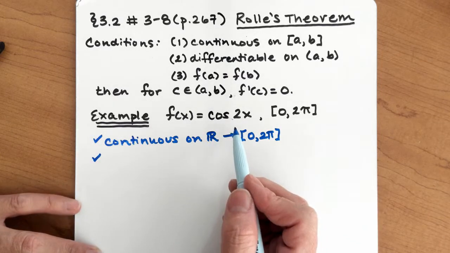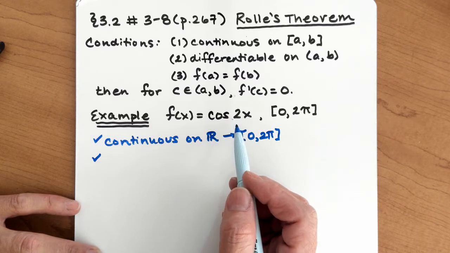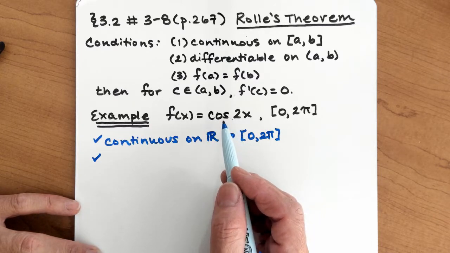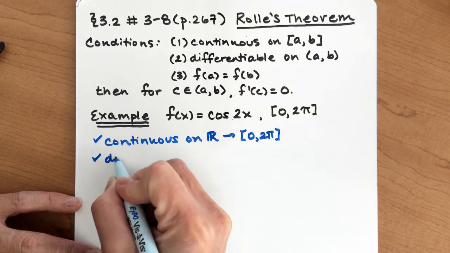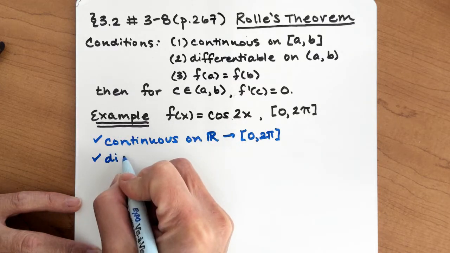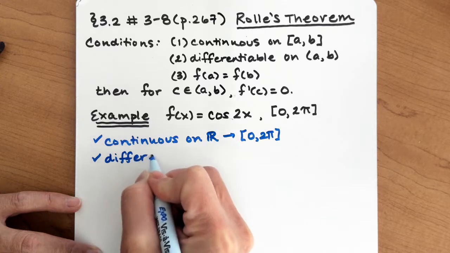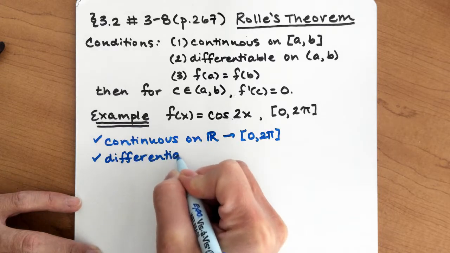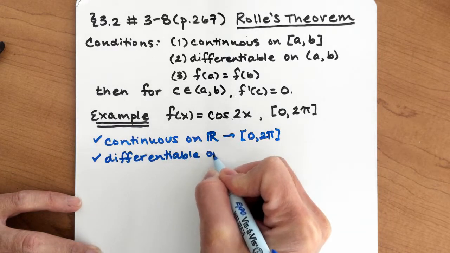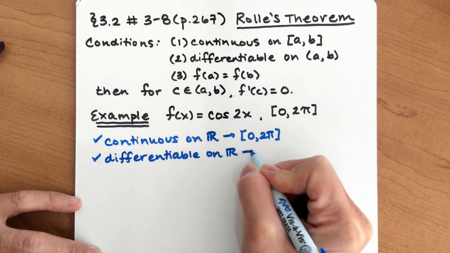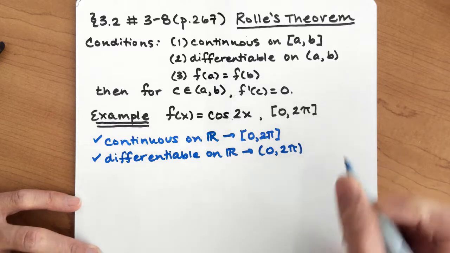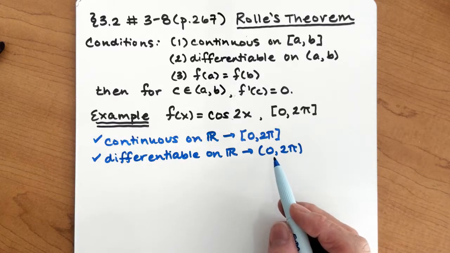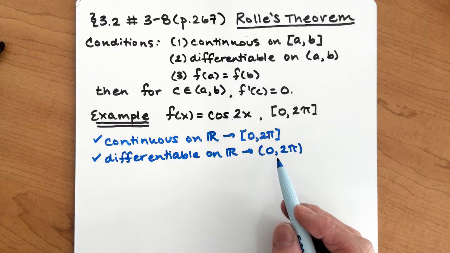Is cosine differentiable on all real numbers? Yes. The derivative of cosine is negative sine, and sine exists for all real numbers. So this is also differentiable on all real numbers, and that definitely includes the interval that we need it to include, which would be the open interval from 0 to 2 pi.